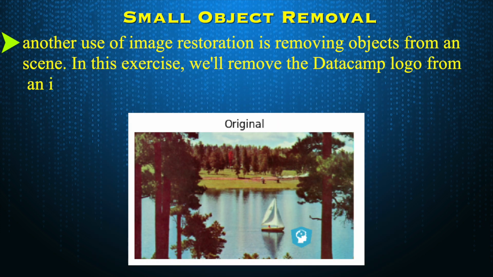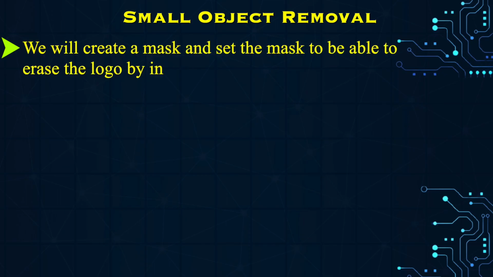Now, another use of image restoration is removing objects from the scene. Small objects or unwanted objects can be removed. So, here an unnecessary logo is there in the image, that needs to be removed. We will create a mask, a set of masks that can erase the imprinted area.